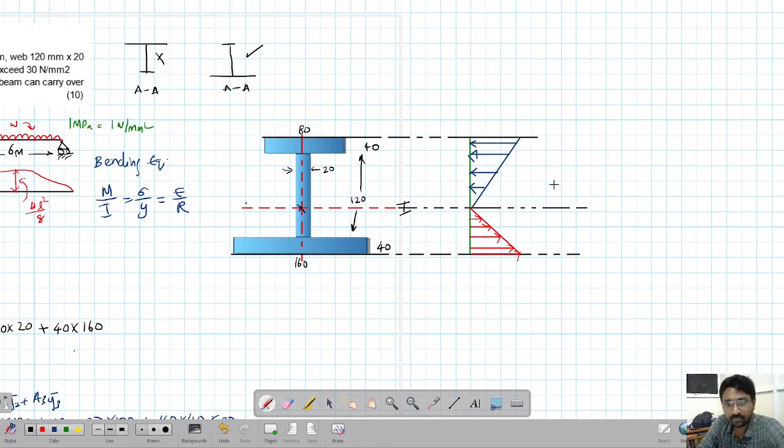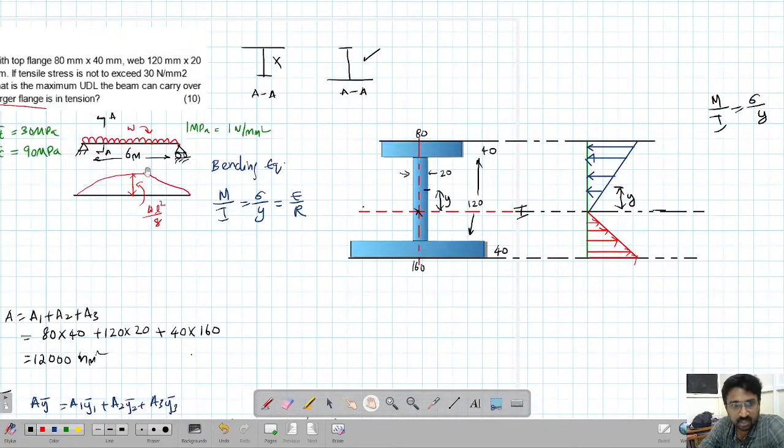In the bending equation, y is basically the distance of the point which we need. So if you want to find stress at this point, you have to find the distance here. This is y. In the bending equation, M upon I is equal to sigma upon y. So substitute the value of M at a given section; the moment will be constant.